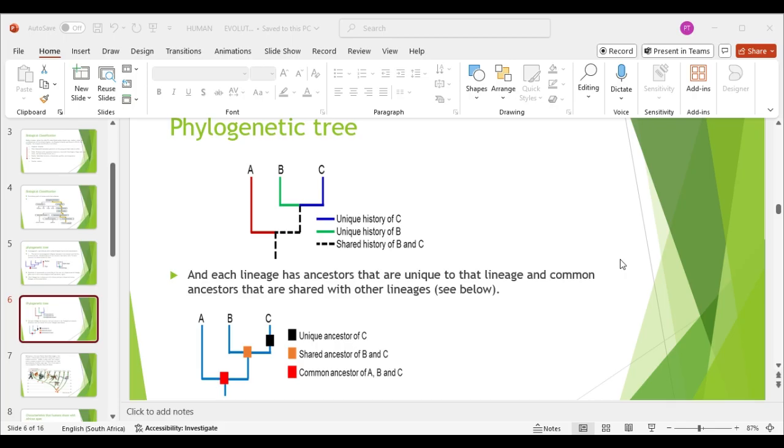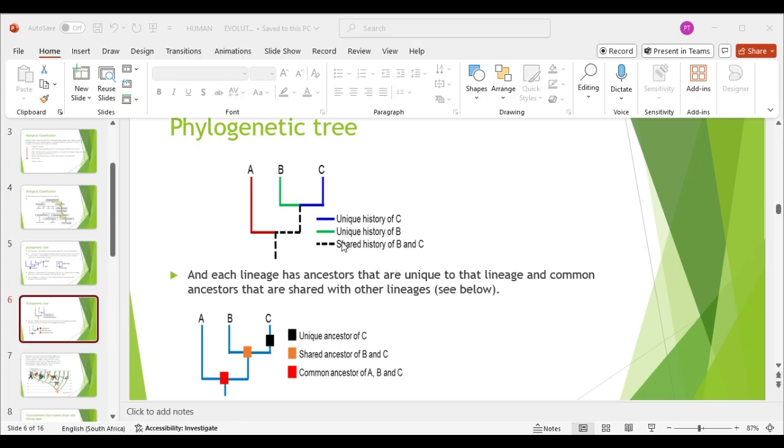Remember, each lineage has its own unique history and also history that is shared with other lineages. Here, when you see this dotted black line, it represents an ancestor which is shared, because B and C have the history of this dotted black line, which is the shared history.